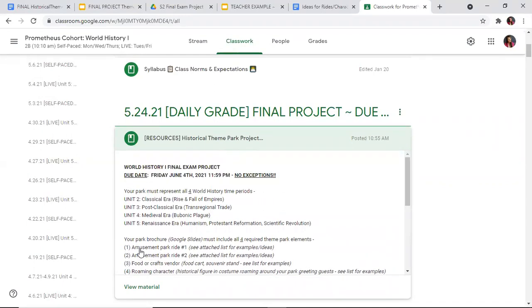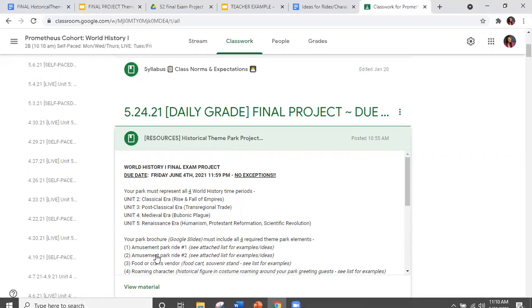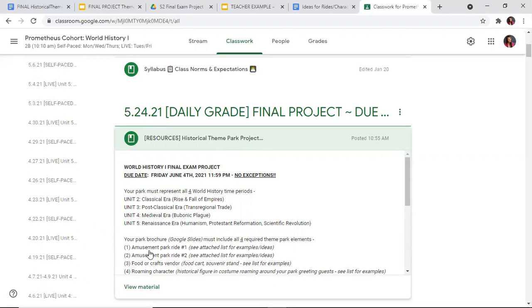So if you design your first ride and it comes from Unit 5, the Renaissance era, cross that out so that when you go to design your second ride, you know Unit 5 is no longer an option. You need to come up with something that represents Unit 2, 3, or 4, and so on.